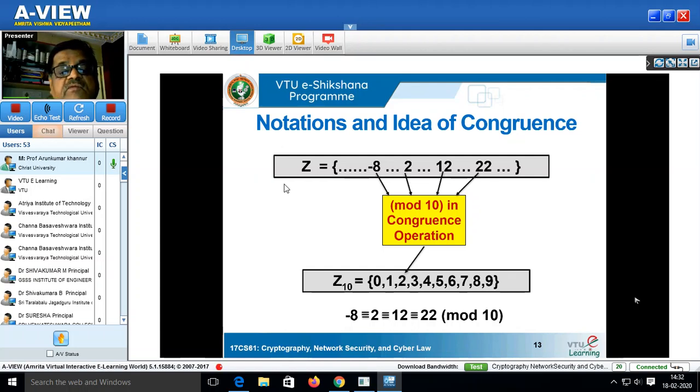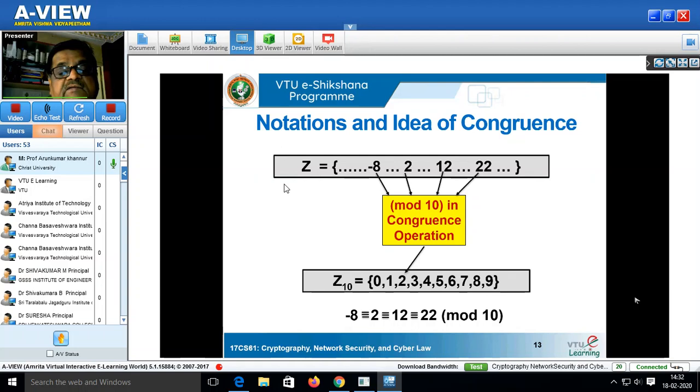When we use this in the congruence operation, if we have minus 8 and then mod 10 to the right side, it indicates that we are performing the mapping between Z and Z10.